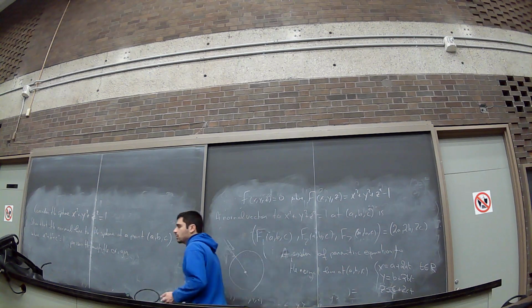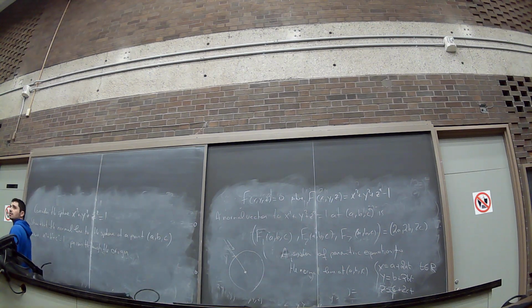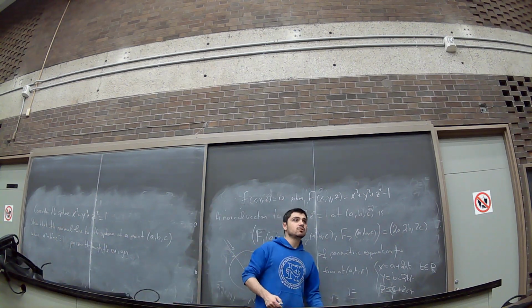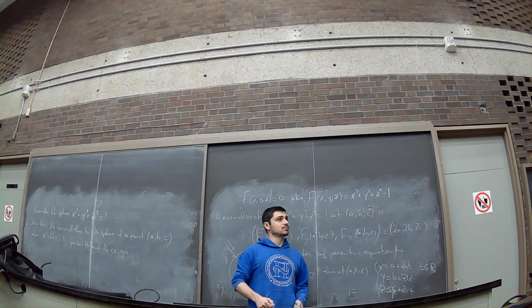Now, how do I check if the origin belongs to this? I need to find a value of t that gives me (0, 0, 0). What value of t will give you (0, 0, 0)? Minus 1/2. If you plug in t equal to minus 1/2, you get that (0, 0, 0) belongs to this line.